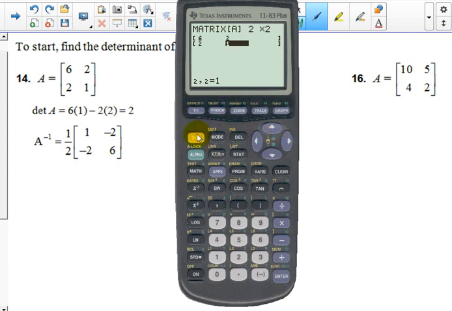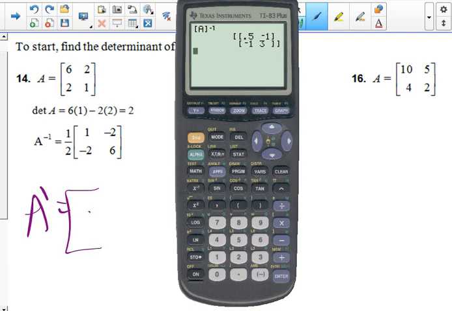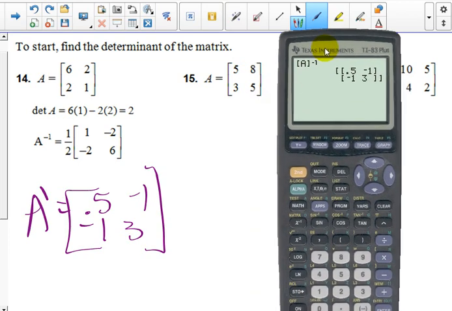Okay, so now once you get that, quit out, and now I want you to type in the matrix A, so bring it back up, and now just hit the inverse key, the x negative 1. So it looks like matrix A negative 1, and now press enter. Oh, isn't that what we just got a minute ago? Yes, it is. So that's how you can also get your inverse. So 0.5, -1, -1, and 3, which is what I had just a minute ago. Right? So remember, you can do it either way.